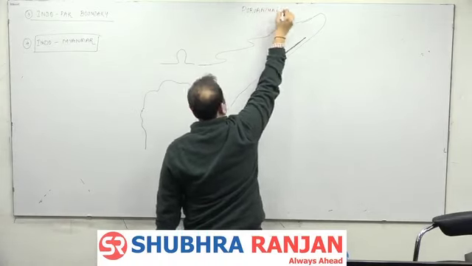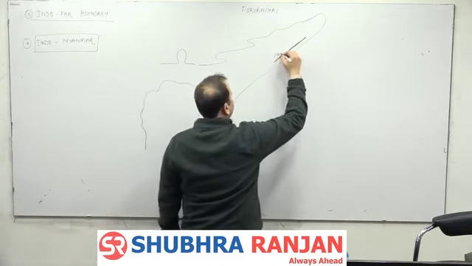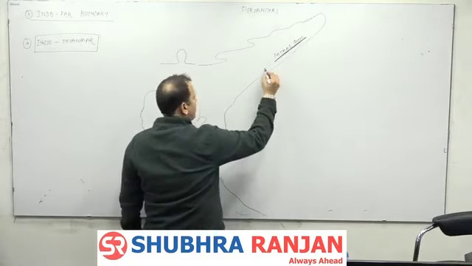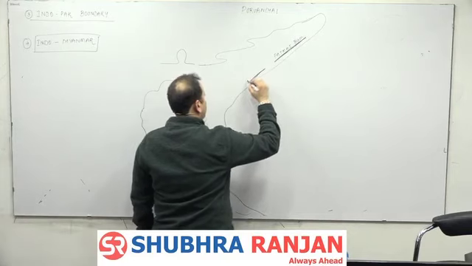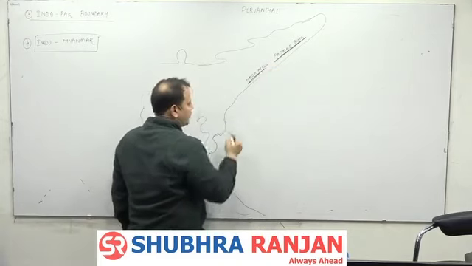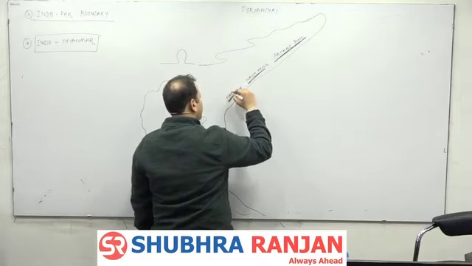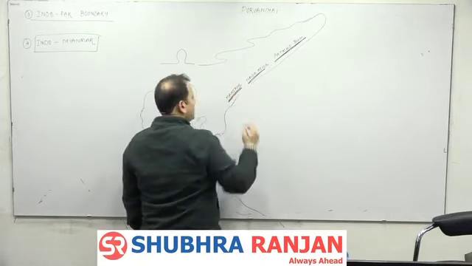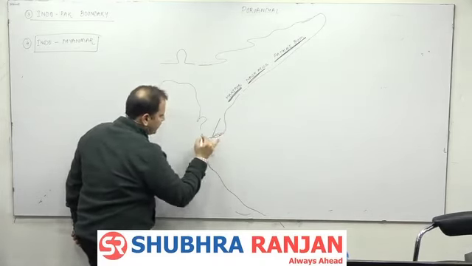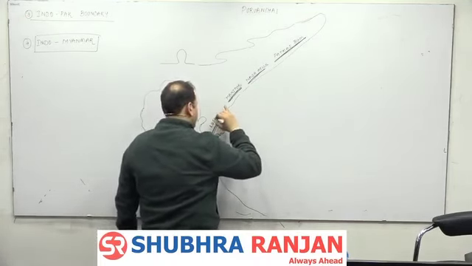Purvanchal Hills means Eastern Himalayas, which from north to south are Patkai Bum, Naga Hills, Manipur Hills, East Manipur, West Manipur Hills, and Mizo Hills or Lushai Hills.